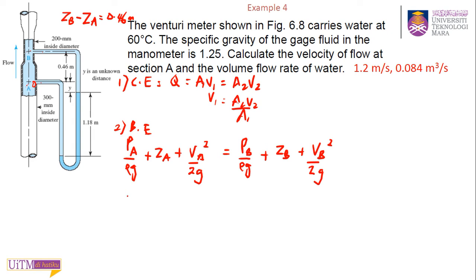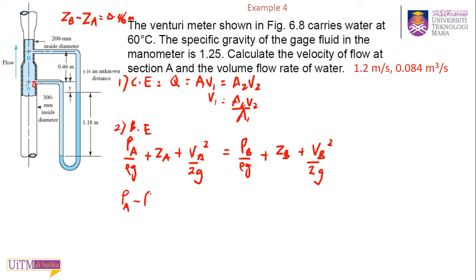0.46. Now you rearrange your equation. Because you have a manometer, ada manometer juga kat sini. So that means you have to write your pressure difference.